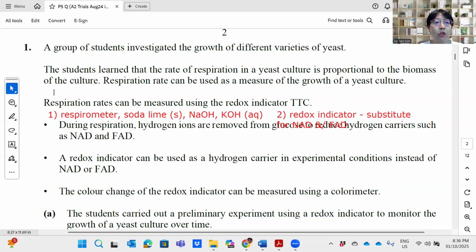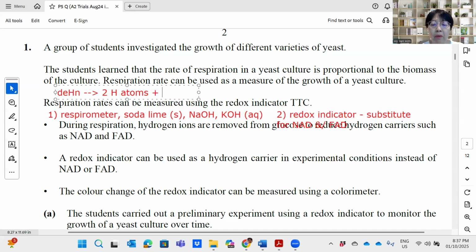In the process of respiration, all the steps which involve dehydrogenation reactions lead to the removal of 2 hydrogen atoms, and these 2 hydrogen atoms will be carried by the NAD and FAD. Now when we use a redox indicator, it will pick up the 2 hydrogen atoms from every dehydrogenation reaction in respiration.